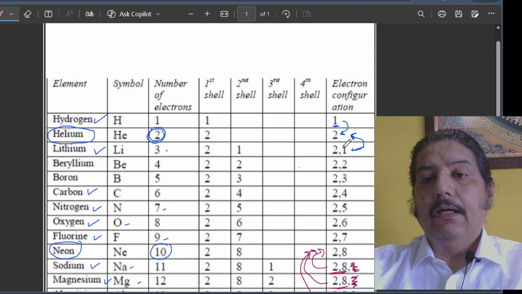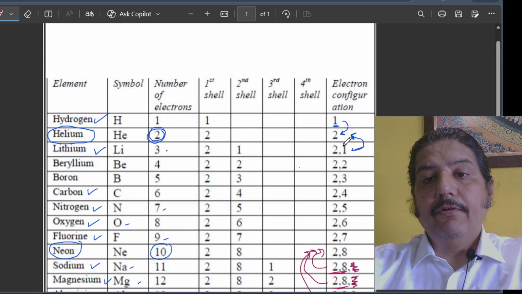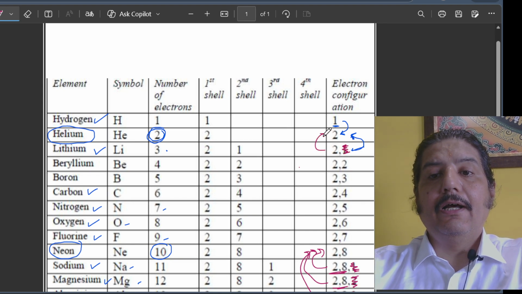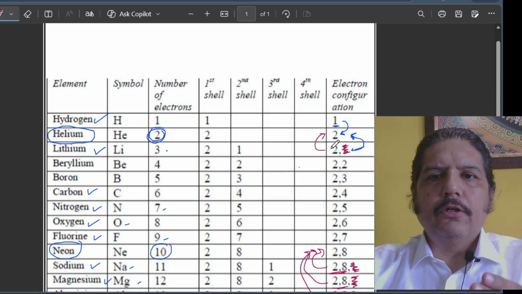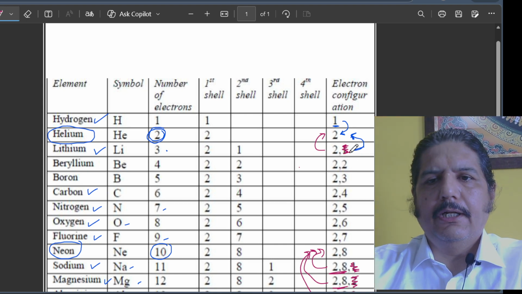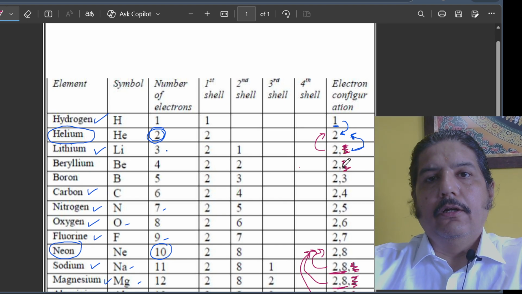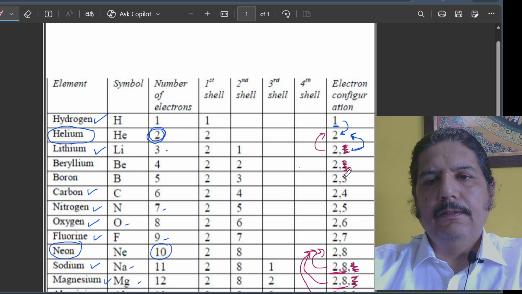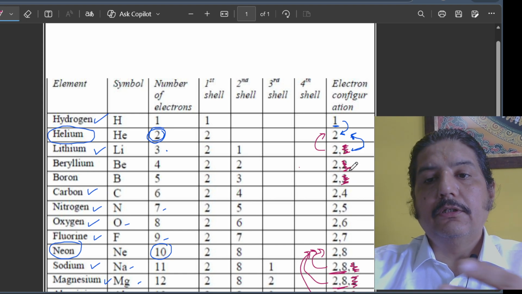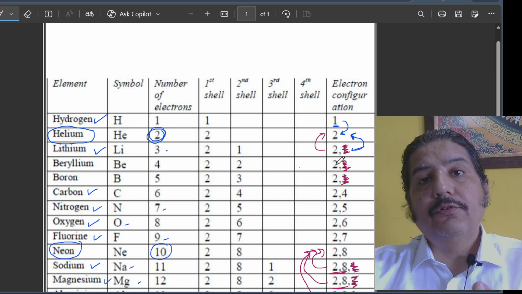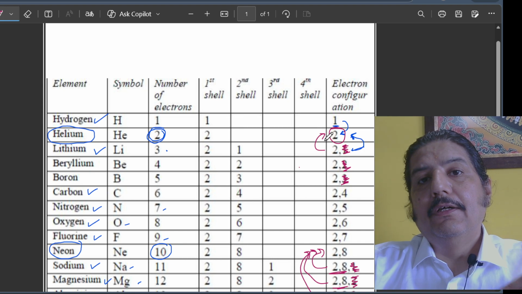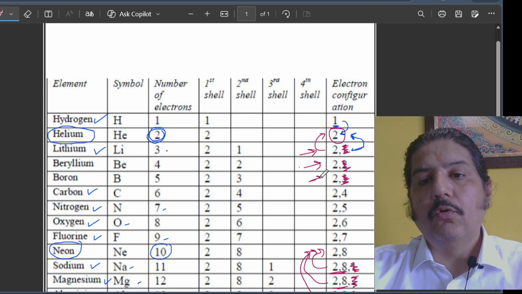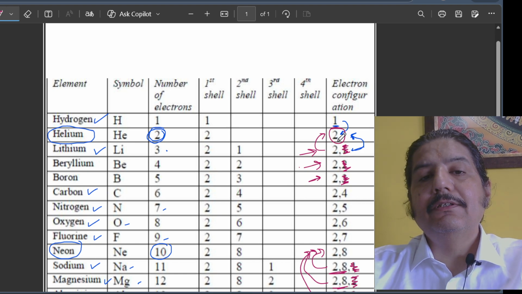Similarly, lithium, if it loses 1 electron, it will have 2 electrons. Here, octet is not there, just 2 electrons in the outermost shell. Again, beryllium and boron, if they lose their outermost electrons, they will become something like the nearest noble gas, which is helium. See, for lithium, beryllium, boron, the nearest noble gas is helium.